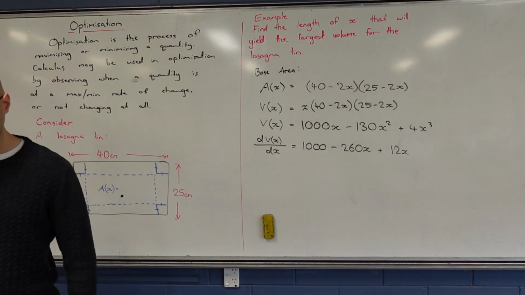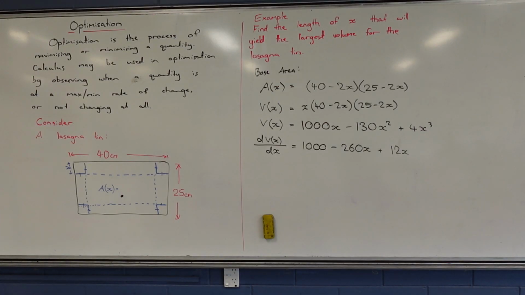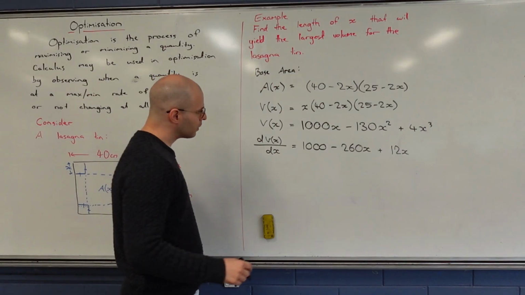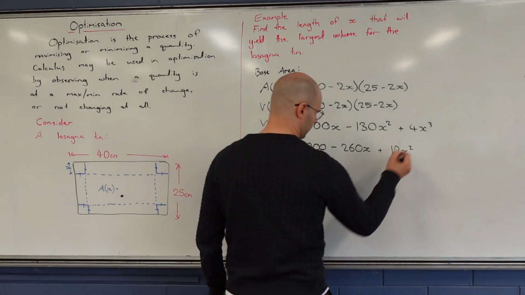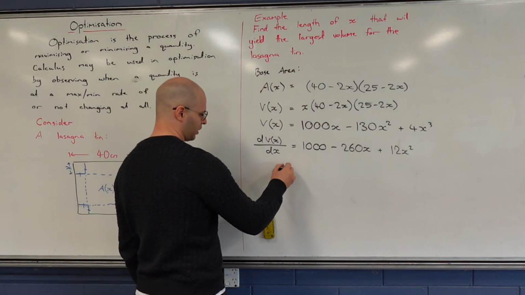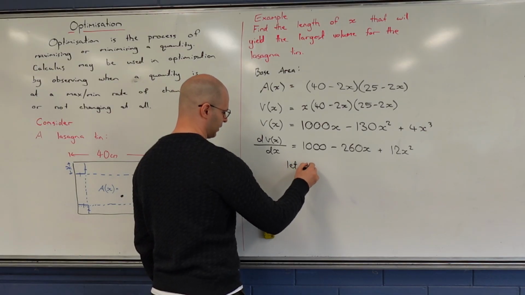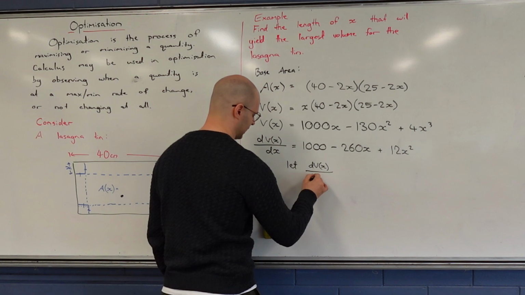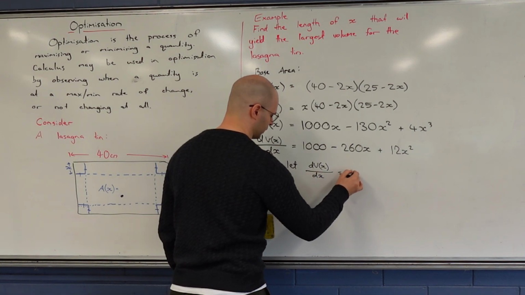And then, when we discover that our change in volume with respect to change in the length of x is equal to 0, in other words, it's not changing at all, it's either going to be at its maxima or its minima. So, the 12 and x be 12x squared. Yes. Good catch. So what we can do is we can say let dV of x over dx equal 0.